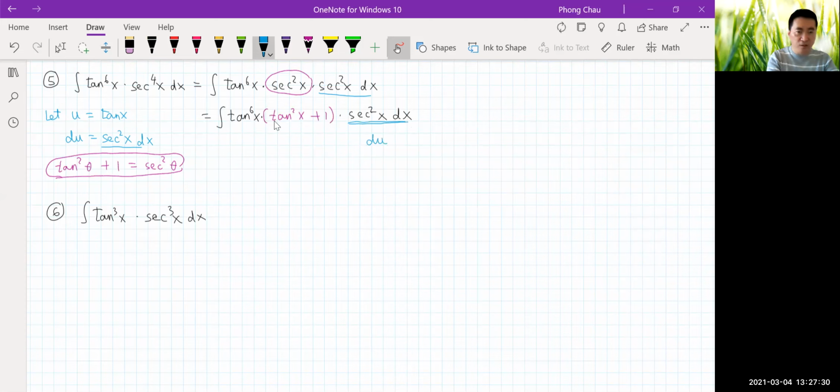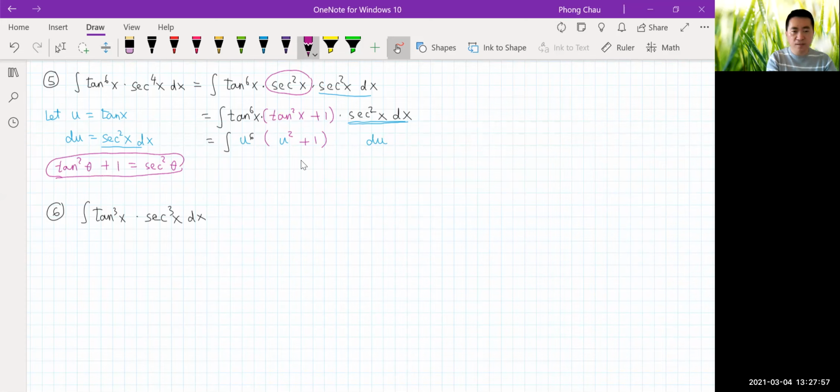The tangent is the u. So now we have this new integral with no trig function: u to the 6th power times, and the tangent squared is u squared plus 1. See how that goes.